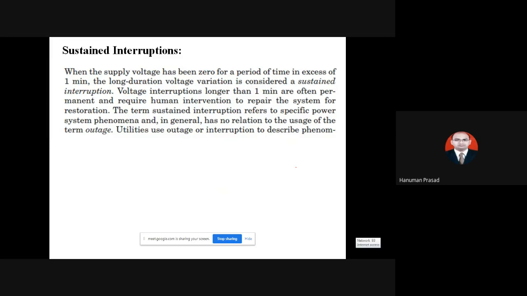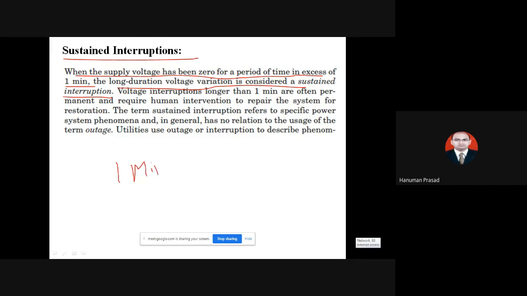Sustained interruptions. Sustained interruptions means when the supply voltage has been zero for a time exceeding 1 minute, for a long duration. Voltage variation is considered as a sustained interruption. Sustained interruption means timing is more than 1 minute.